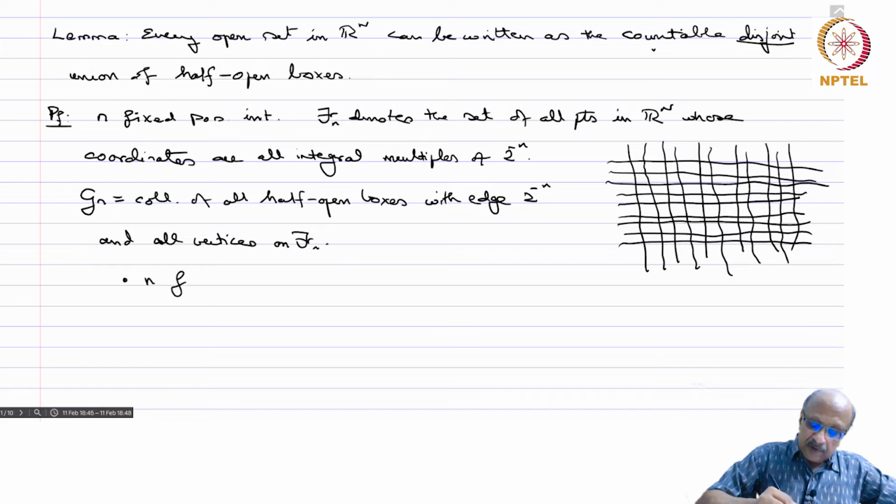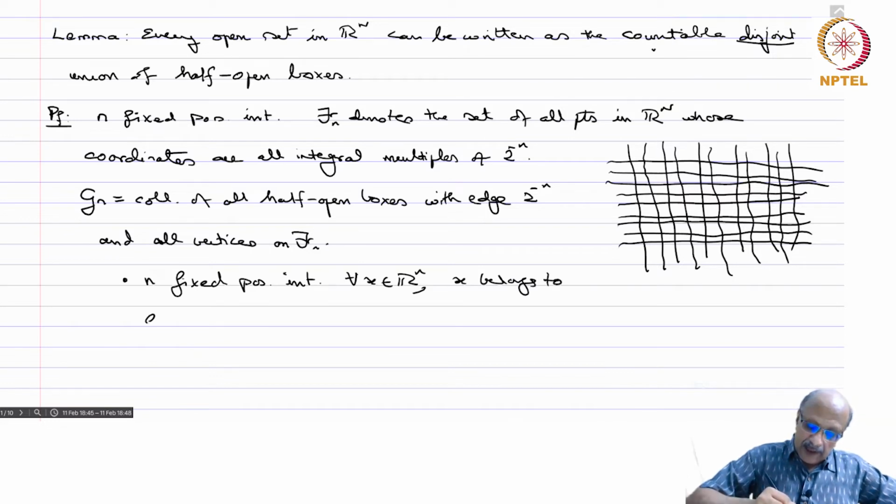N fixed positive integer: for every x in R^n, x belongs to exactly one box in G_n.